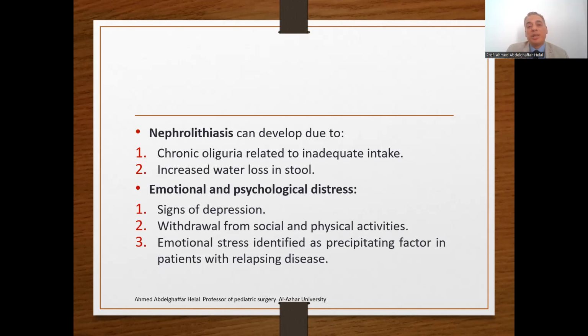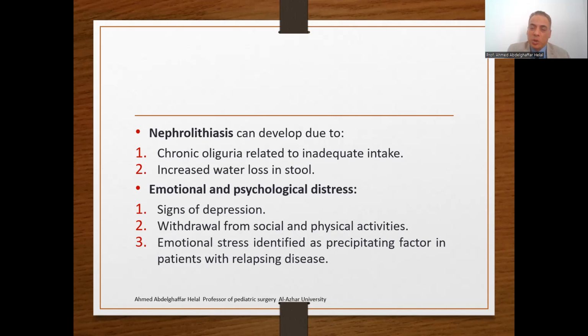The most important is the emotional and psychological distress. The children may show signs of depression or may show withdrawal from social and physical activities. Usually, emotional distress is identified as a precipitating factor in patients with relapsing disease.